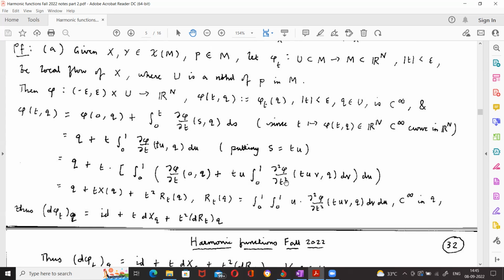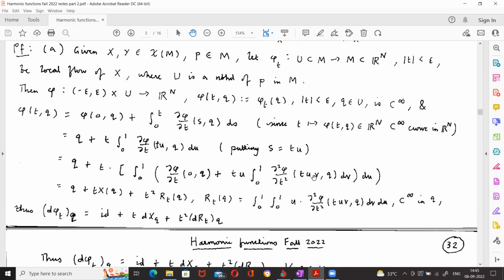And then I make a change of variable, so that what I get inside is going to become tuv, and outside I'll have tu. And I get an integral from 0 to 1 of del squared phi del t squared of tuv comma q dv, and then outside I have a du.